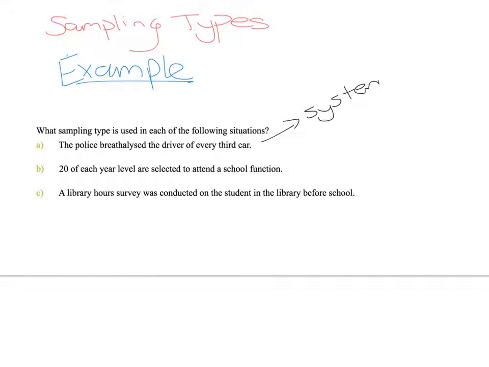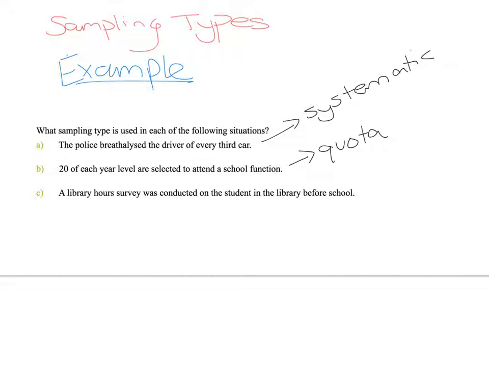They've got a system, and they've chosen every third car. Next, 20 of each year level are selected to attend a school function. Well, that is quota sampling, taking a section of each of those subgroups.